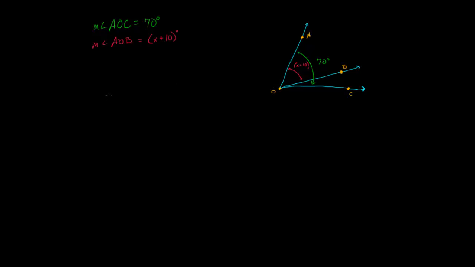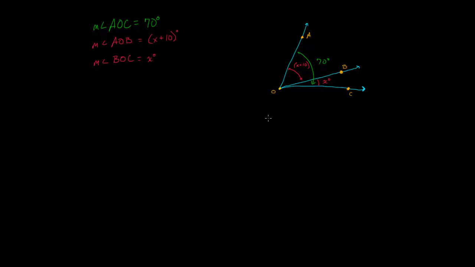And then it also will talk about, let me find my place here, BOC. I'll leave it right here, measure of angle BOC, and that is equal to simply X degrees. So then we have this angle right here, which is X degrees.